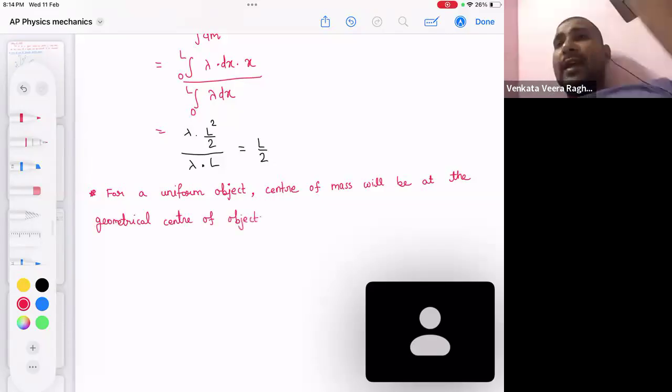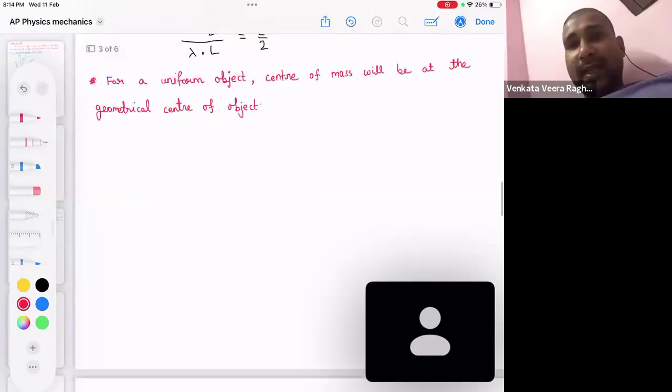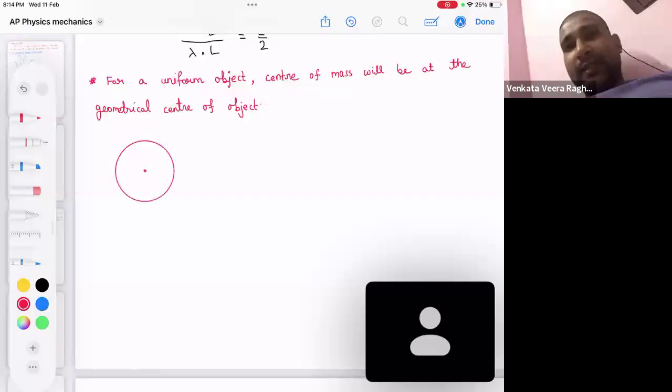Meaning is what? Like if I have a complete uniform ring, where will the center of mass come? At its center. So here the center and the center of mass are the same.